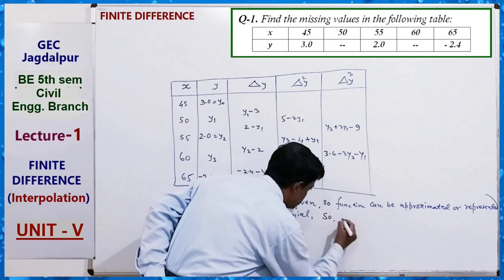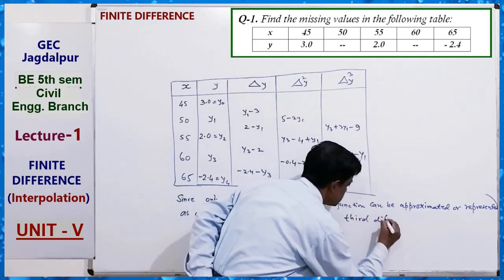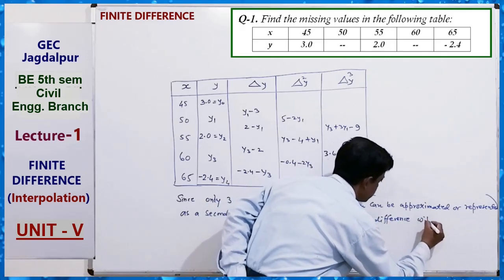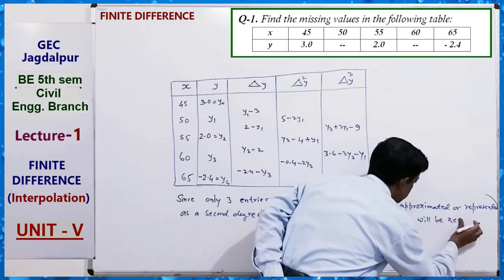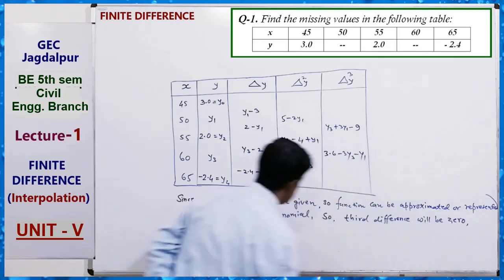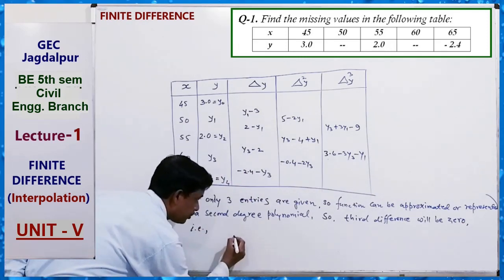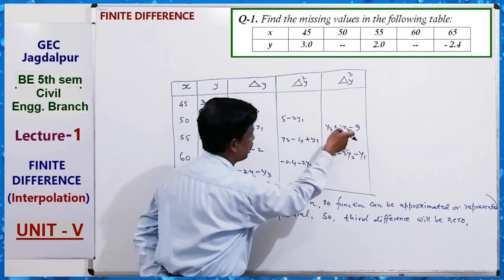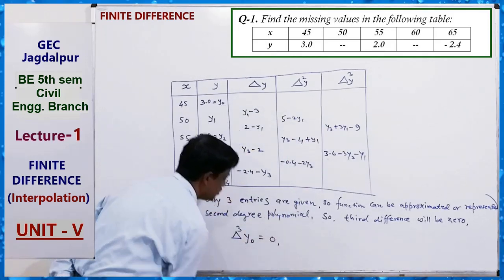So, third differences will be 0. That is, third difference of y0 equals 0.